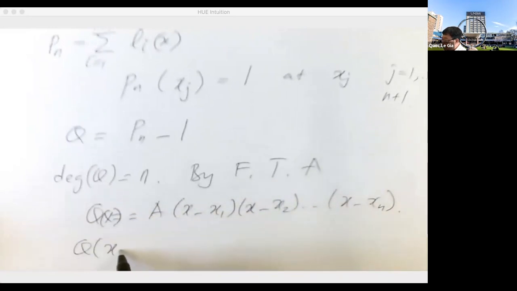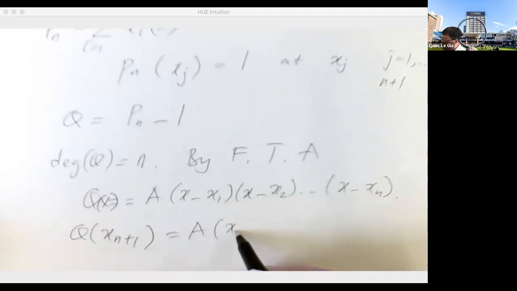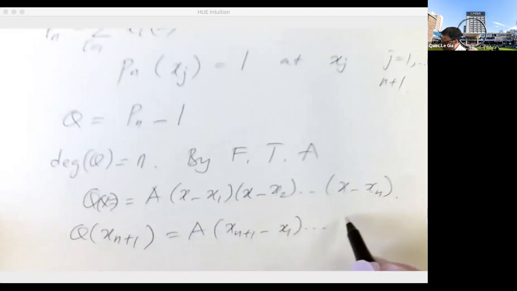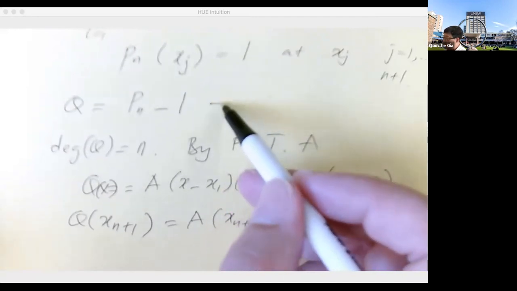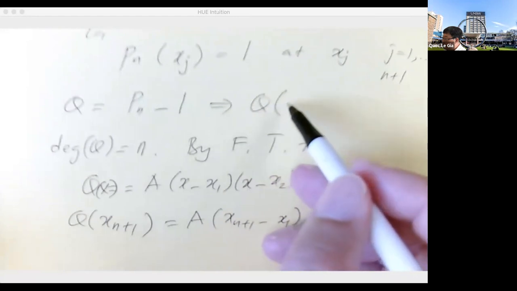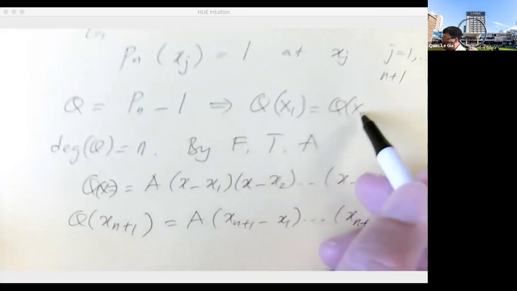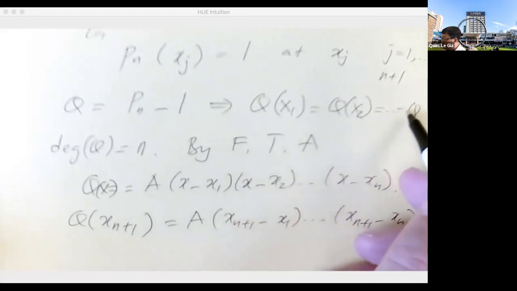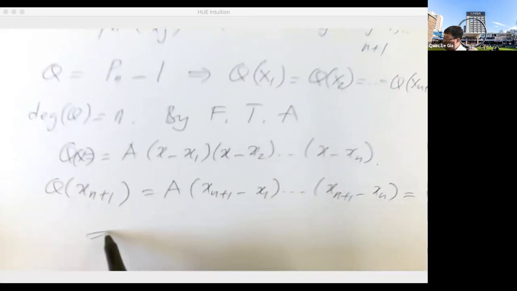And you put in q of xn plus 1. Then you have a times xn plus 1 minus x1, up to xn plus 1 minus xn, equals 0. Remember, before we have to say that this means q of x1 equals 0 up to q of xn plus 1. So we have to use this condition, and then this implies that a equals 0.